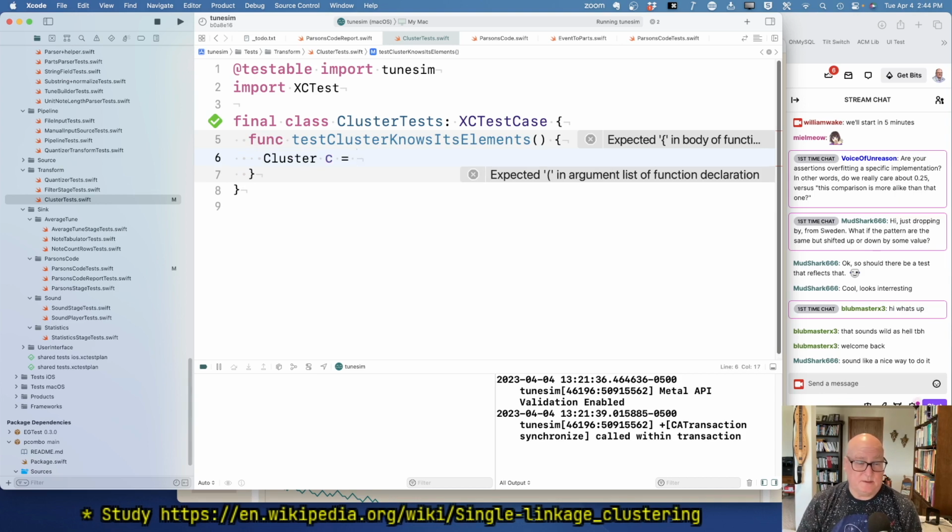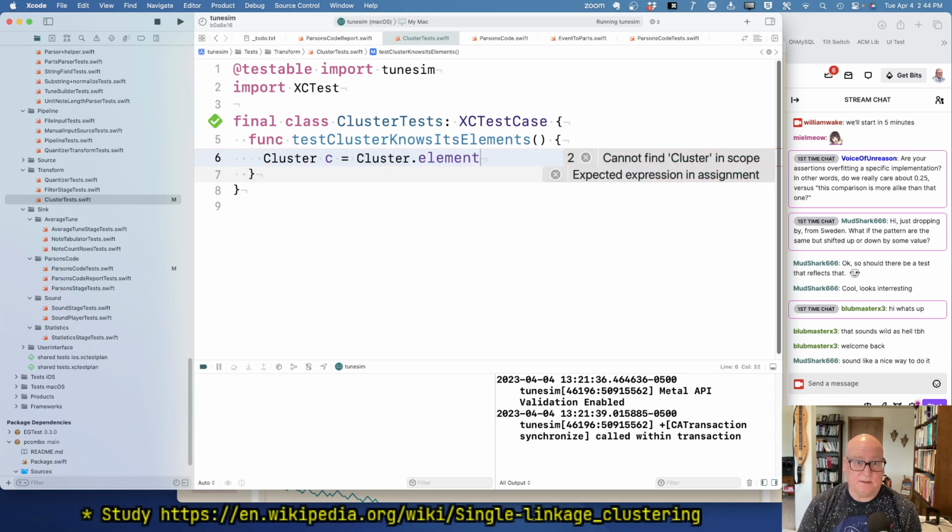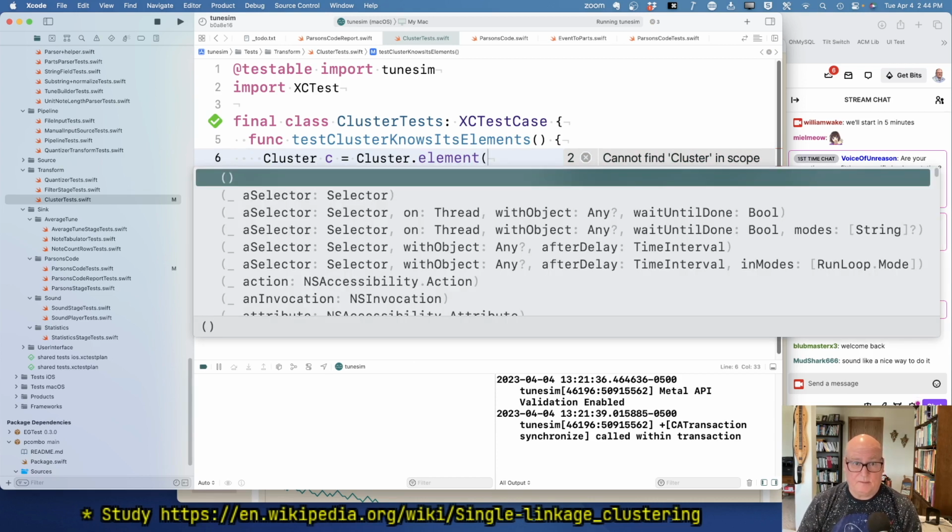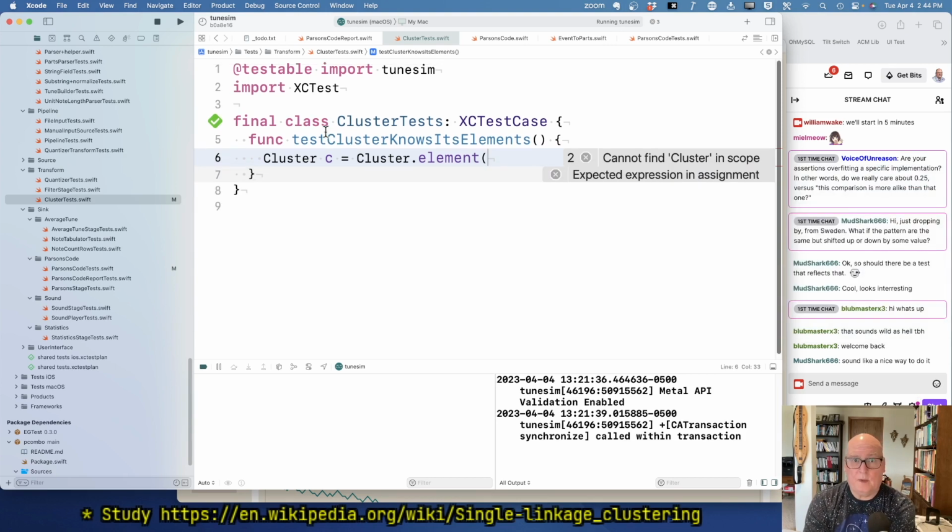Cluster C equals, well, I'm going to assume it's an enum type, a sum type. Cluster.element. I don't know what our element is. Well, in our case, it's a tune, but I think maybe we've got to be generic over this. Let's just do integers for now.